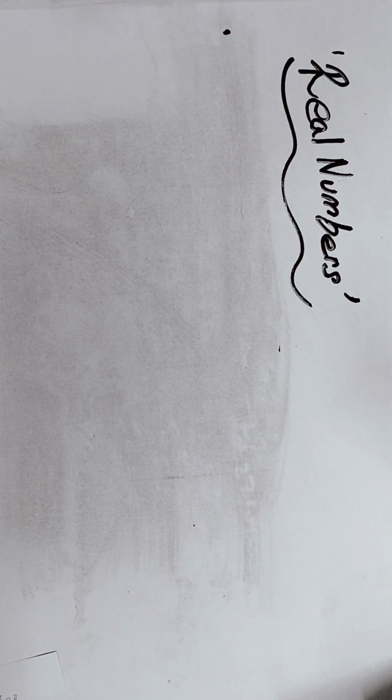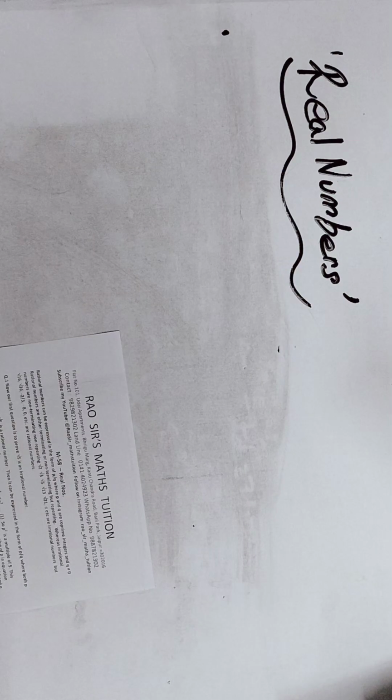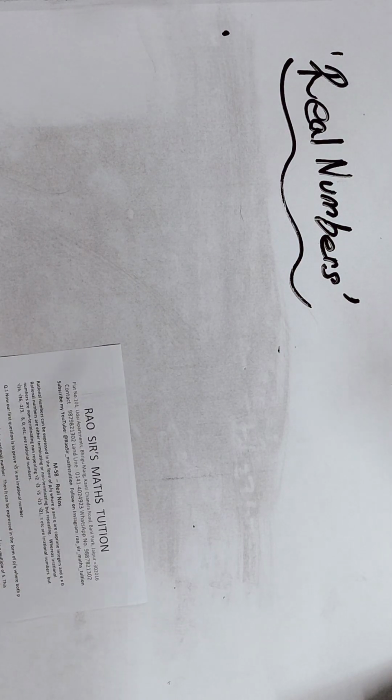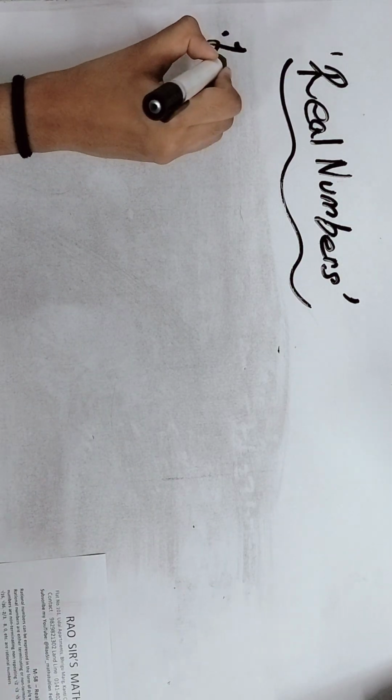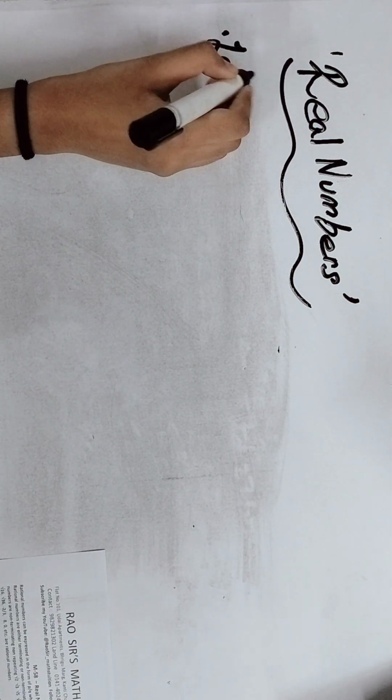We'll take one example, root 5. So your first question is: prove that root 5 is an irrational number. Let us start with that. Write down the question.